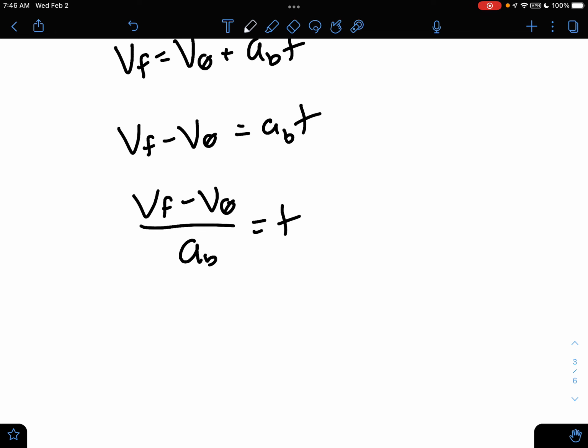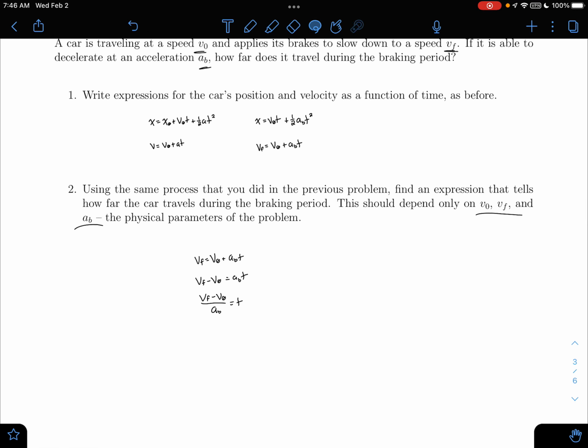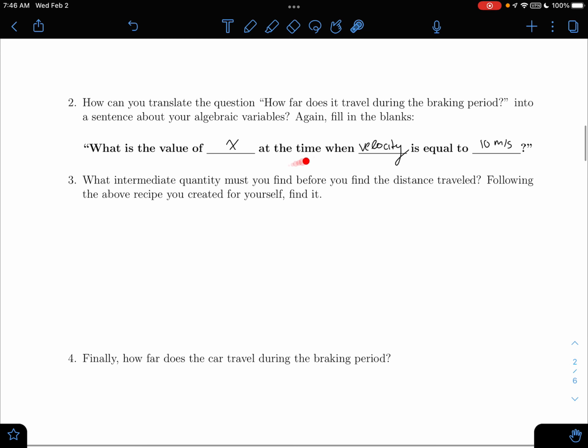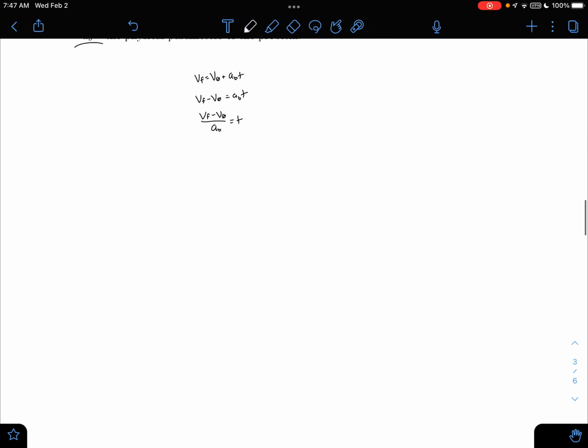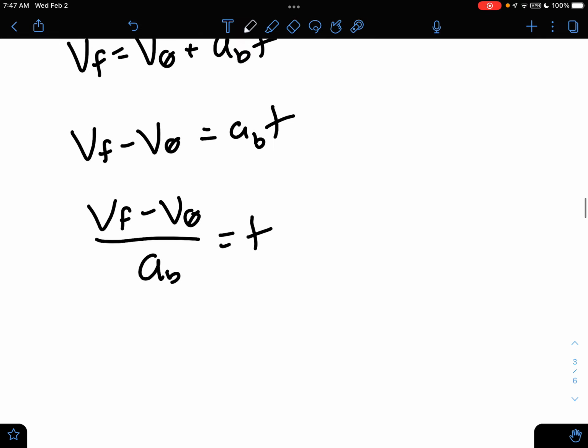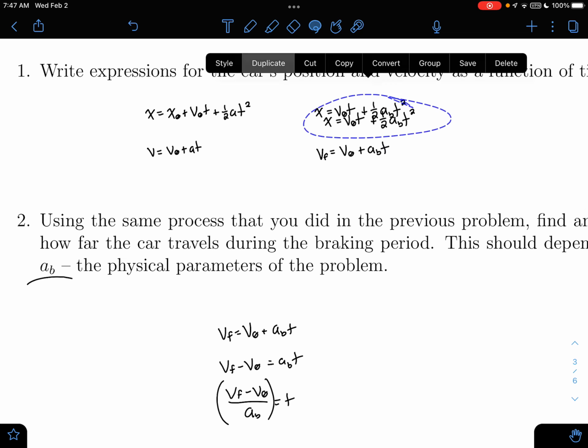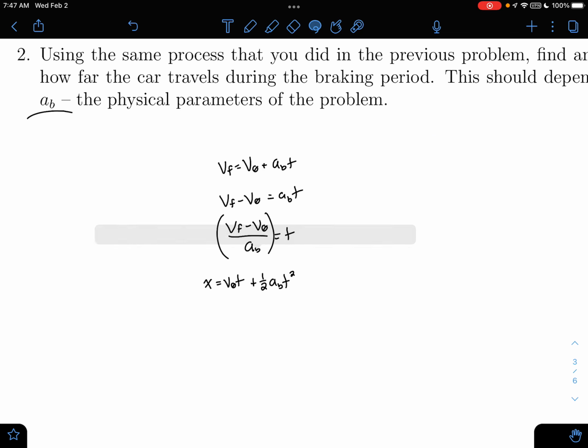Wonderful. Now, this is where it gets a little bit messy looking. The next thing we did is we used the time to plug into our position equation to find the position. So now we have this expression for time, and we're going to plug it into our position equation everywhere we see t.